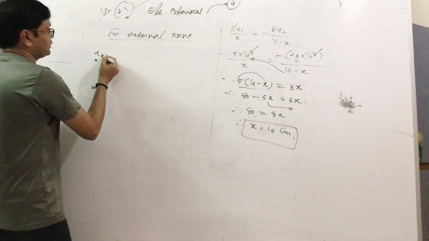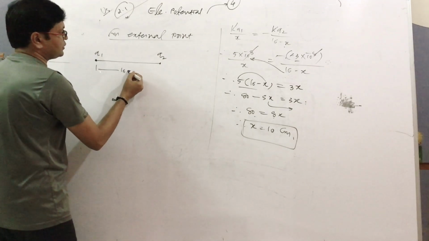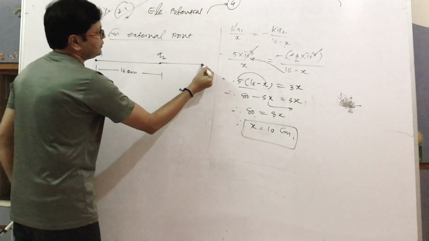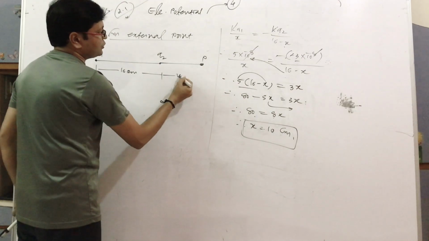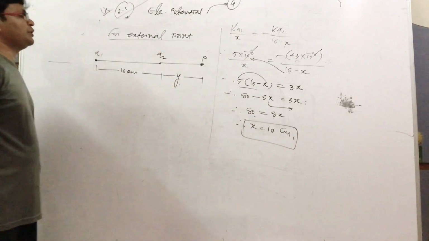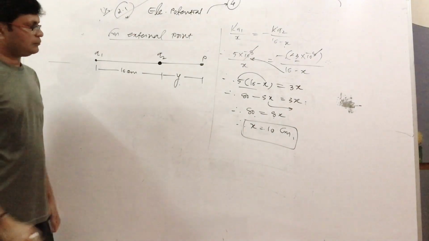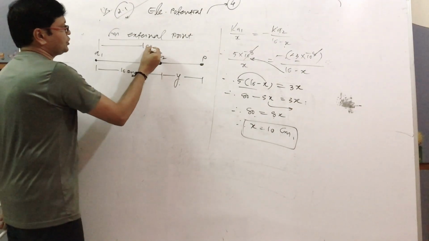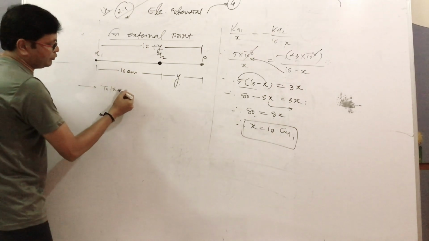Suppose these are the two charges Q1, Q2 separated by distance 16 centimeter, and this is your zero potential point P. The distance of this zero potential point P from this Q2 charge, the small magnitude charge, is y. So obviously this distance is 16 plus y. So what is the total potential at point P?